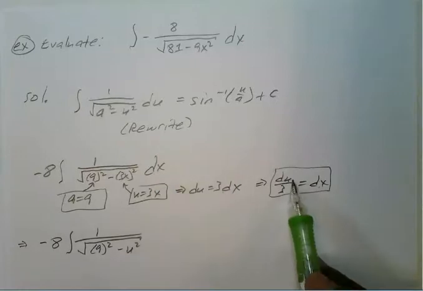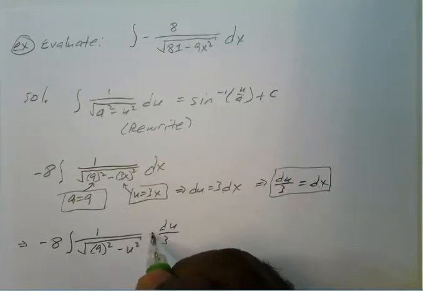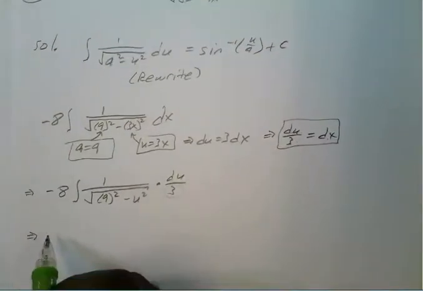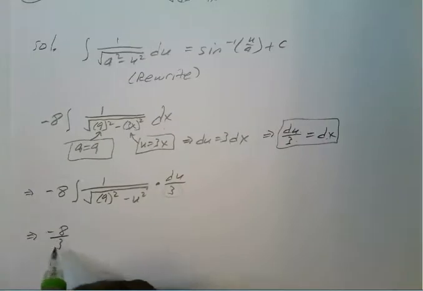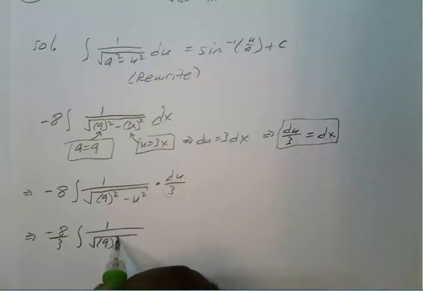And our dx, remember that's du over 3. Okay. So what we're going to do, we're going to go ahead and get that 3 in the denominator and bring it over. So you have -8 over 3 times the integral of 1 over the square root of your a squared minus your u squared.